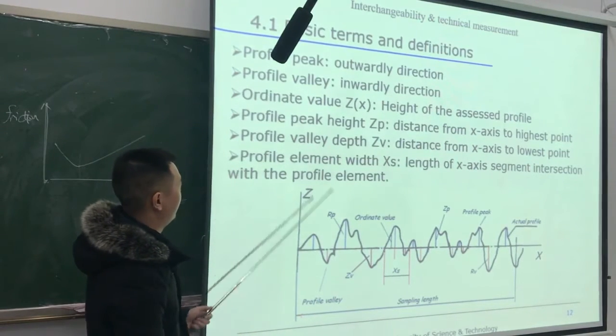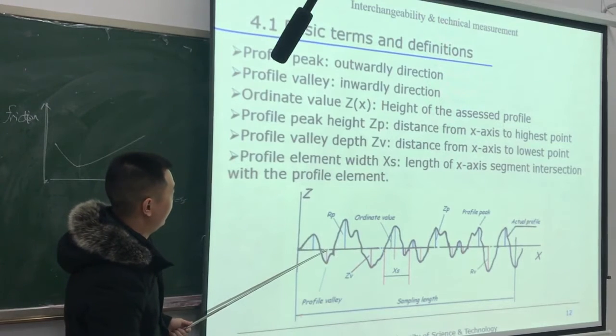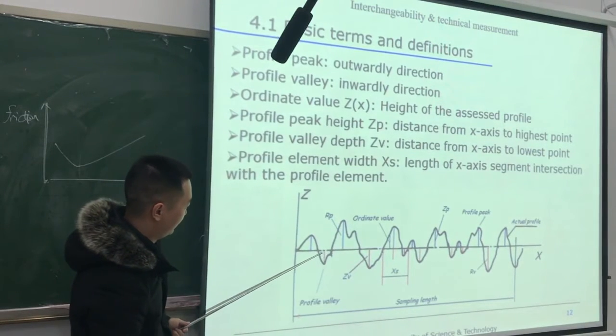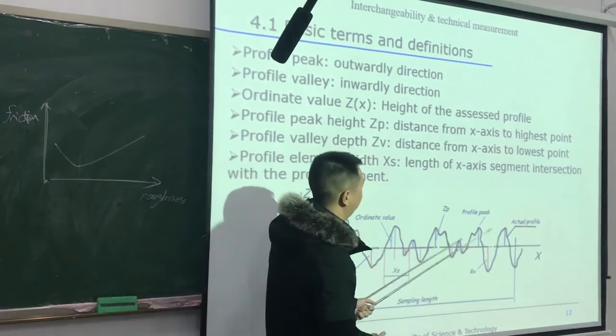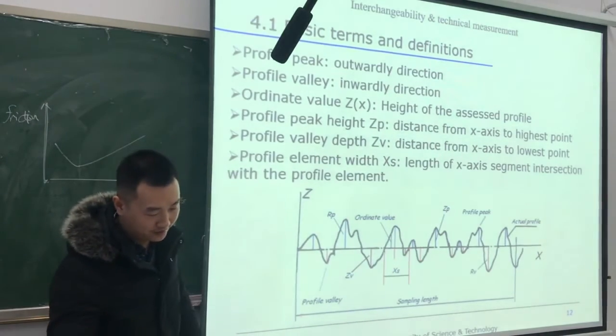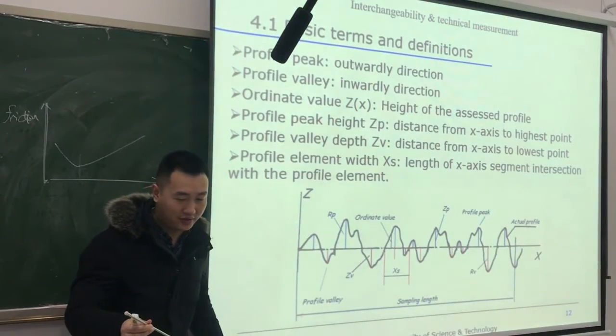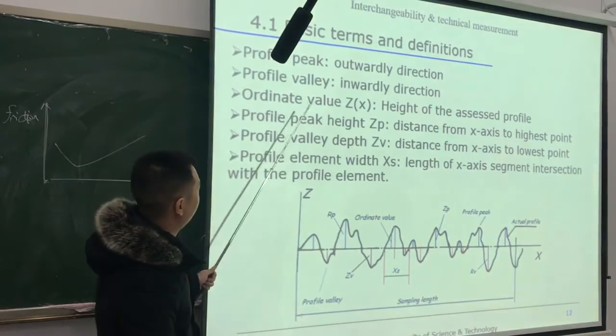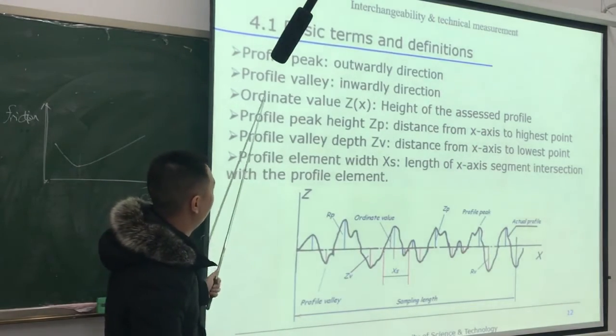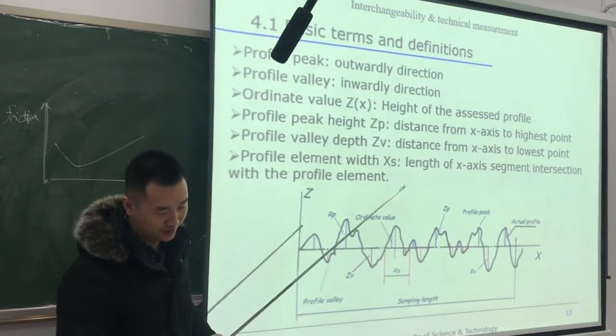Then we also have the profile valley, which is the inward direction. As you can see, this is a valley, this is a profile valley, this is a profile valley. And in this profile, we can get the height of the assessed profile, and it's called the ordinate value z.